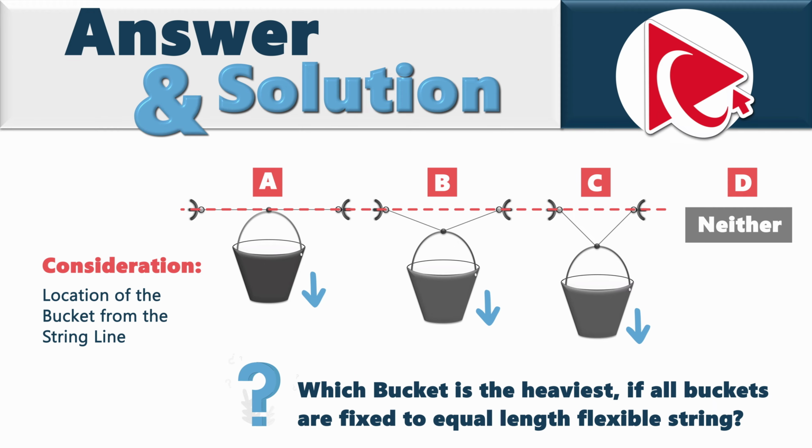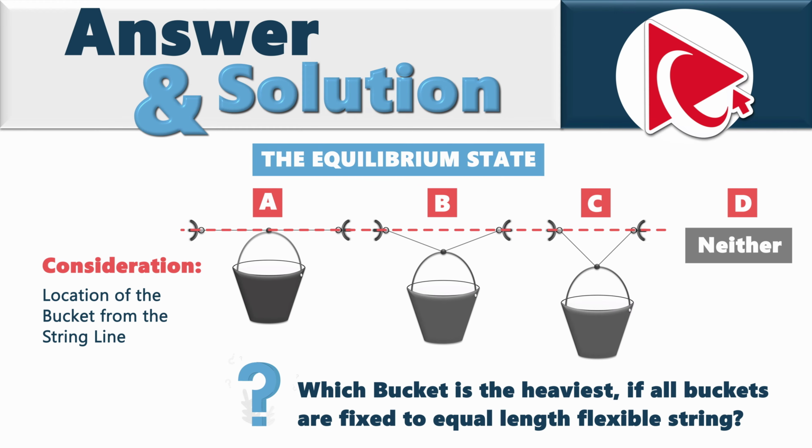What does it tell us? What we know from physics is that when multiple objects are suspended from a flexible string, they will settle into a state of equilibrium. In the state of equilibrium, the tension in the string will be equal at all points along its length. However, due to the differences in weight, the heavier bucket will exert a greater downward force on the string compared to the lighter buckets.